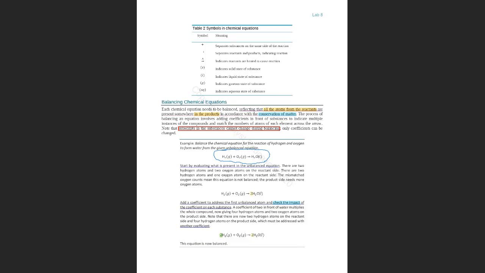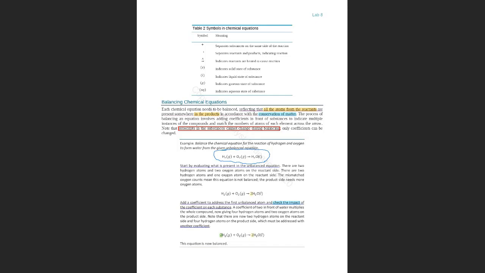How? The first thing, it says, start by evaluating what is present in the unbalanced equation. These are the reactants before the arrow.